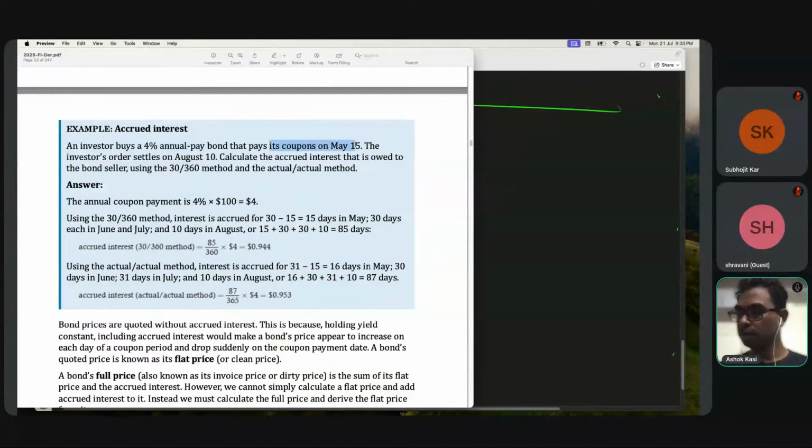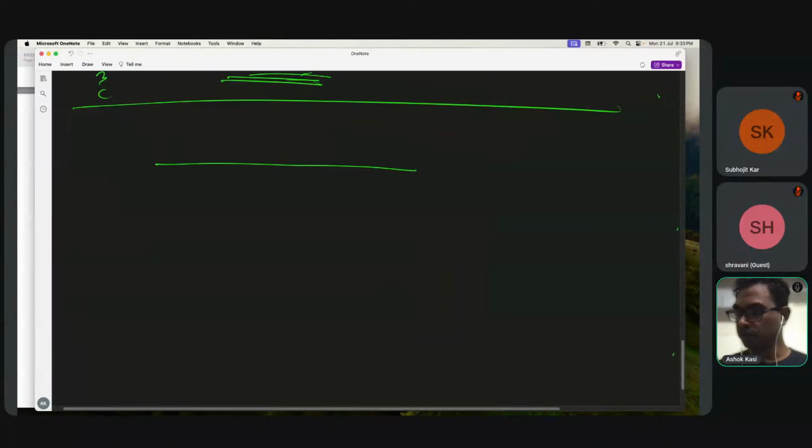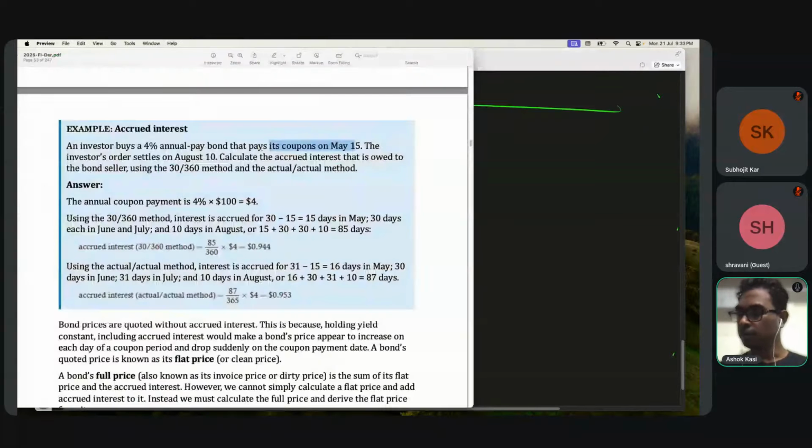So 15th May to 15th May. Okay, 4% annual pay bond. The investor's order settles on August 10.